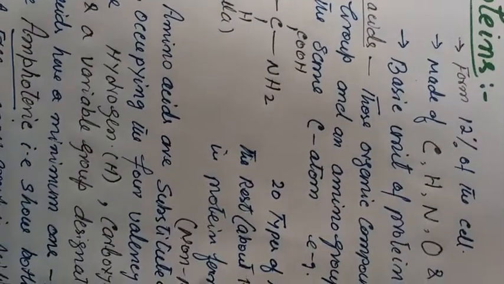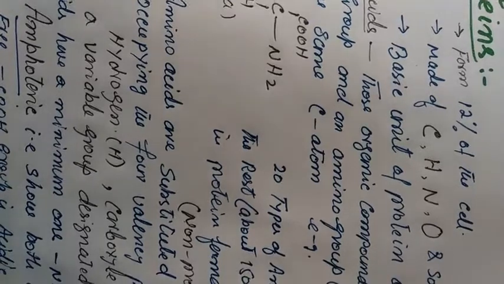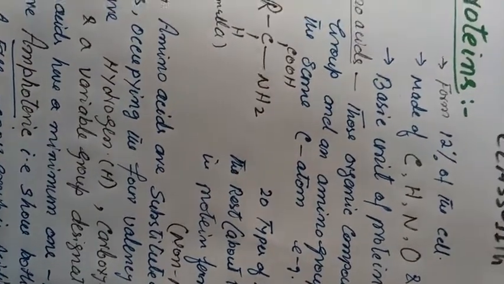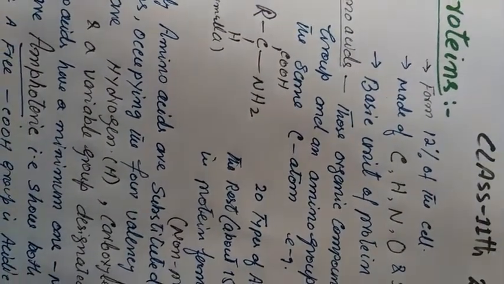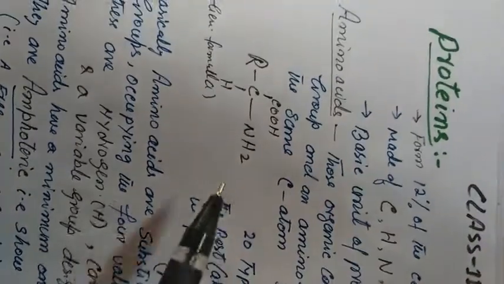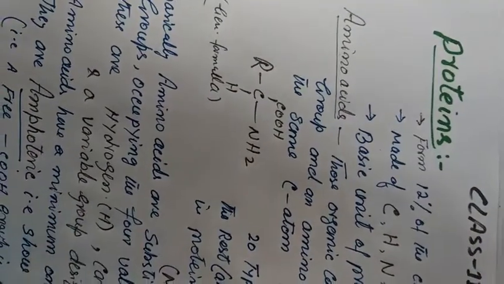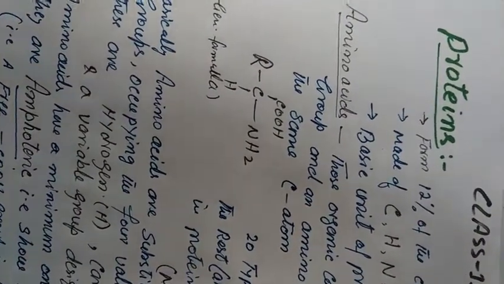Now there are 20 types of amino acids which form the normal components of proteins, and the rest, about 150 amino acids, which do not participate in protein formation are known as non-protein amino acids.